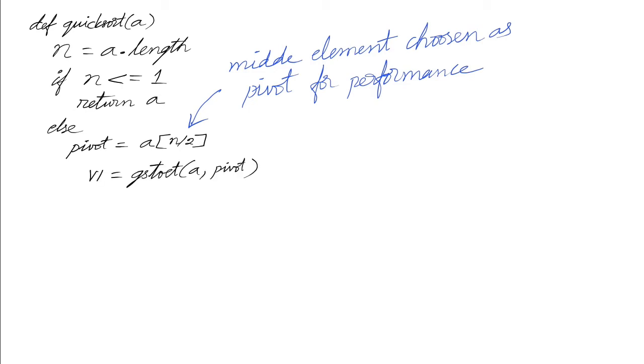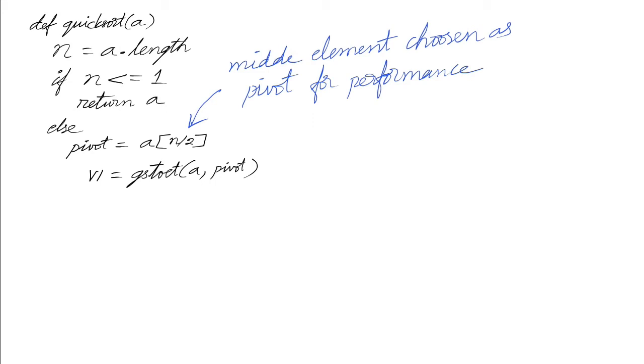We then pass that array and the pivot to a method called get smaller than or equal to, and this method returns the left half of the list. All the elements will be less than or equal to the value of the pivot. We are going to assume this function is available to us.